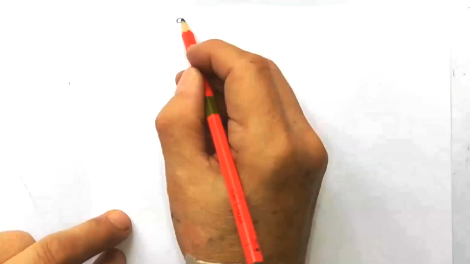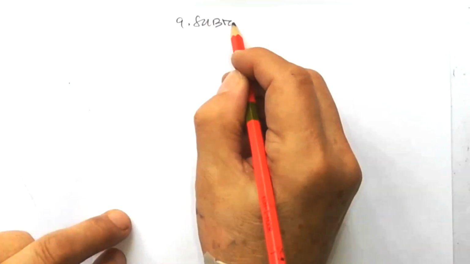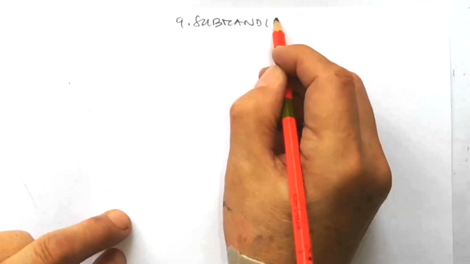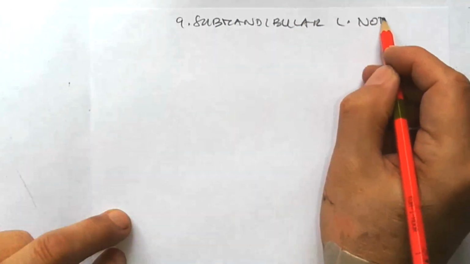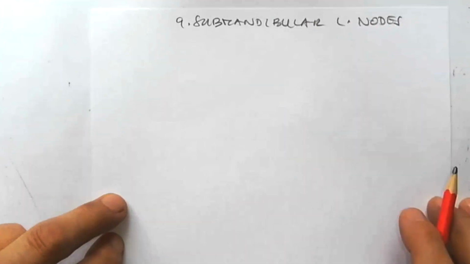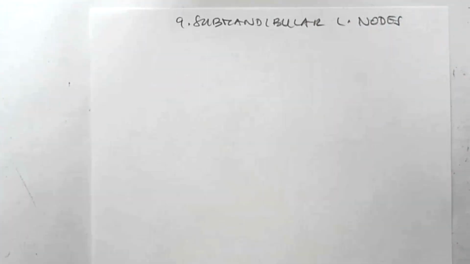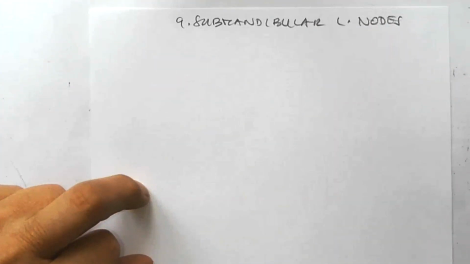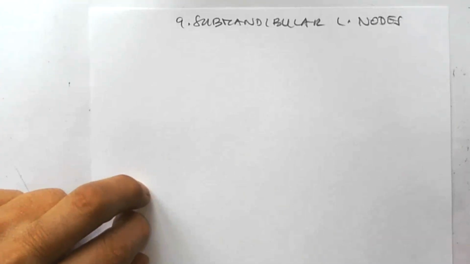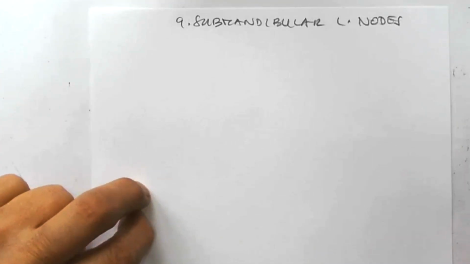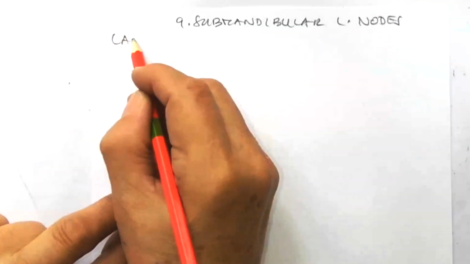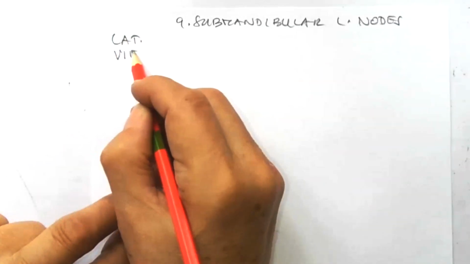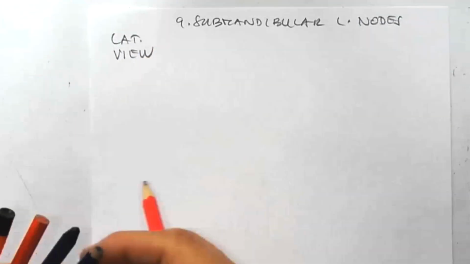So number 9 are the very important submandibular lymph nodes, collecting the lymph from practically the largest part of the head. Yes, and that's all. So we need a lateral view, a drawing showing the lateral view.